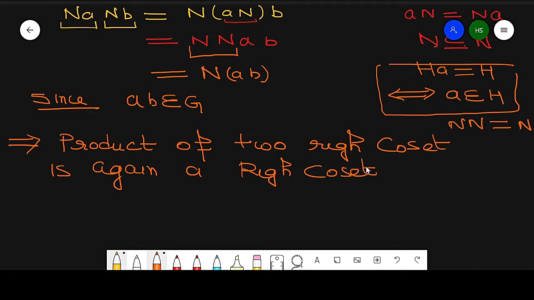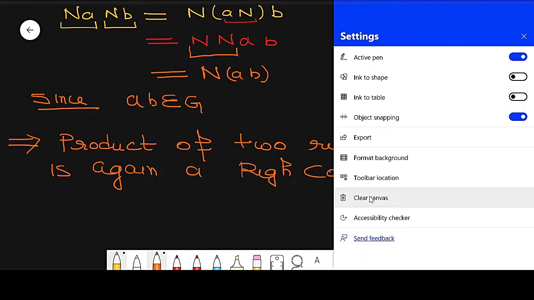So remember that the product of two right cosets is again a right coset. Now this set under this binary composition is a group. So we will prove this result, which is our first theorem of this quotient space.